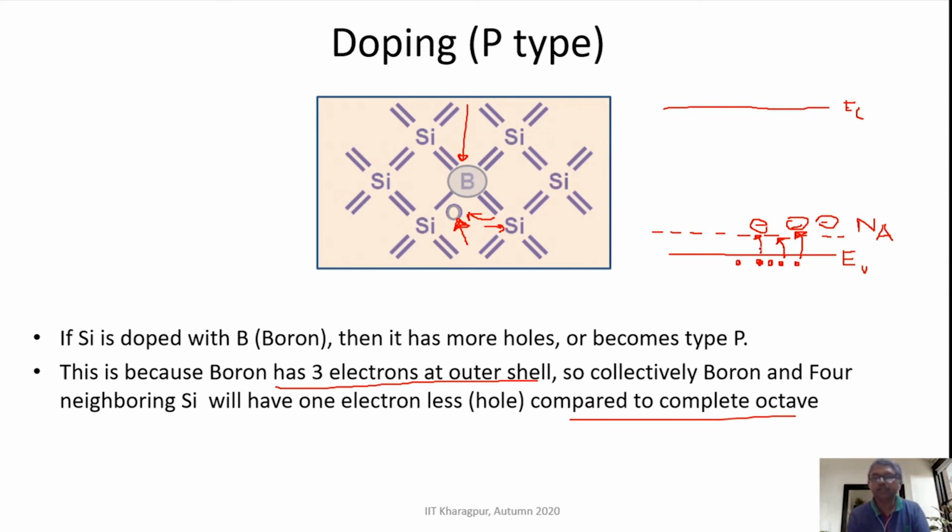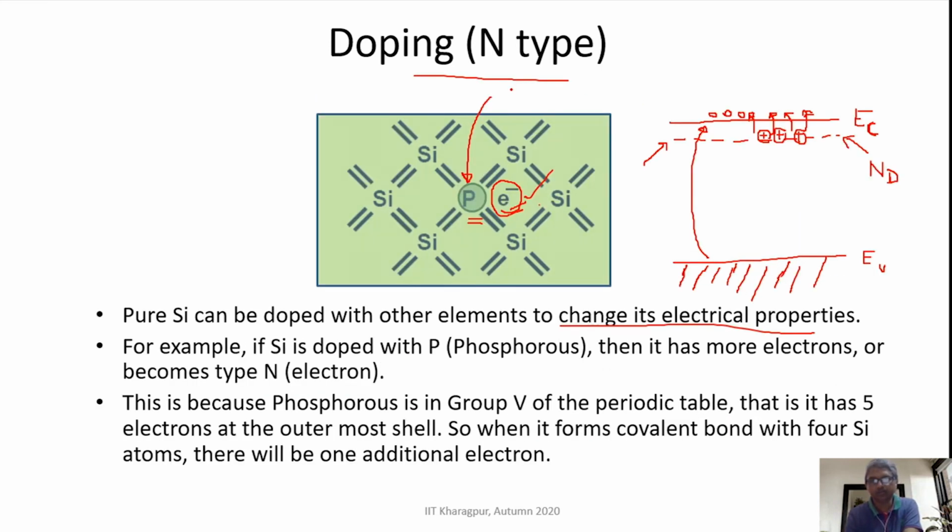and there will be plenty of holes, because electrons move from the valence band to the energy level where borons are present. So it will create lots of holes in the valence band, but there is hardly any electron present in the conduction band. So in case of n-type semiconductor, when we dope silicon with phosphorus, we have plenty of electrons in the conduction band, but hardly any holes in the valence band.